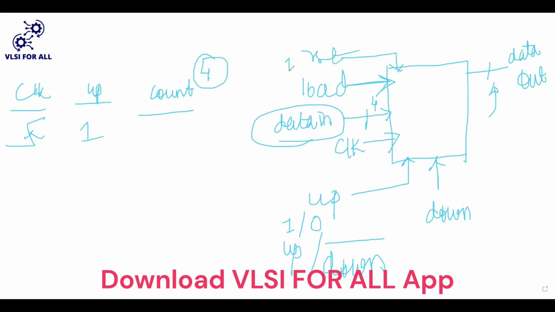Initially when the reset is 1 and when the up is high, obviously it should increment until this up value becomes 0. And whenever the down value is 1 and the up value is 0, obviously it should down count. The same thing has been explained here with reference to the passage of the clock, and based upon the control signal, we are going for either an up counter or a down counter.